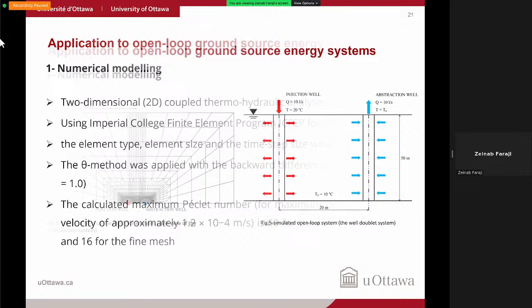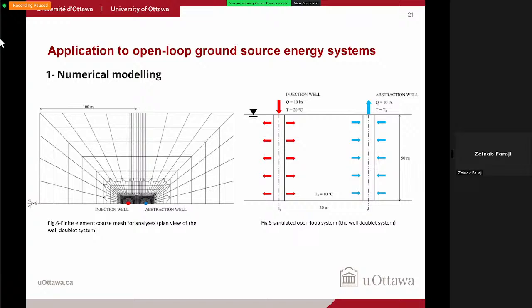Here you can see the open loop system which is simulated. There is no water flow across the boundary of the mesh. A thermal boundary condition in the form of constant temperature was prescribed at the injection well, which is 20 degrees centigrade, as I mentioned before. At the left, right, and top mesh boundaries, the initial temperature of 10 degrees centigrade was kept constant.